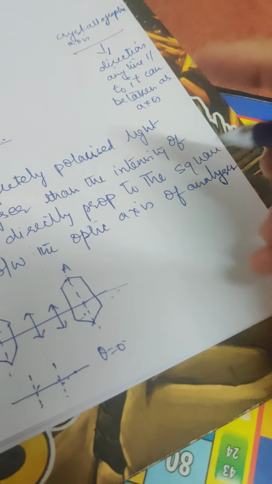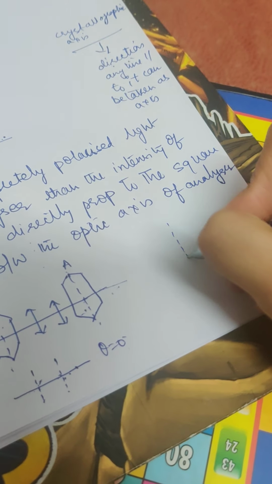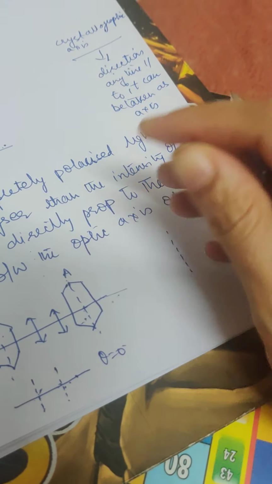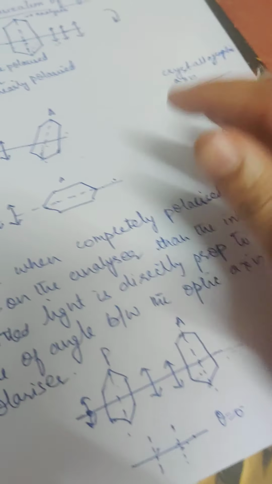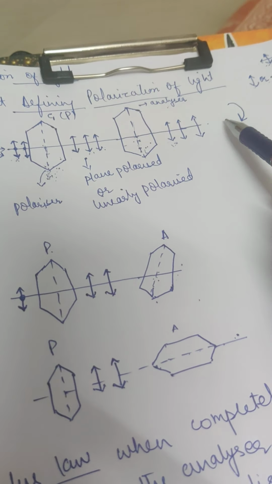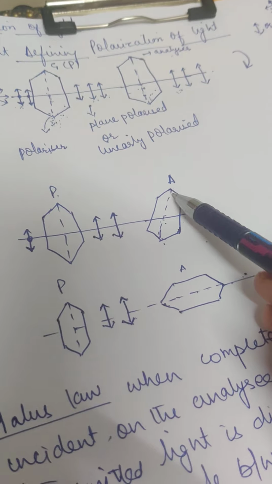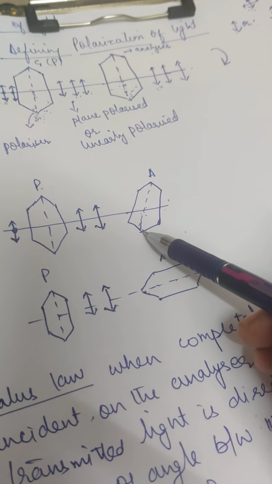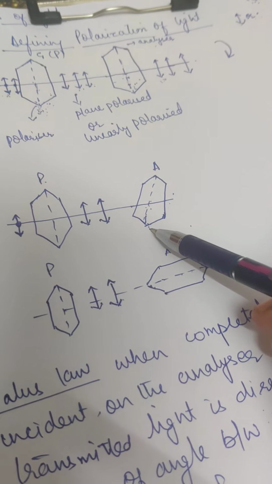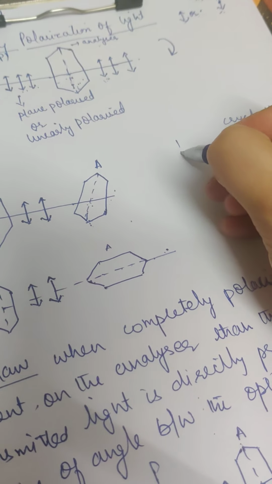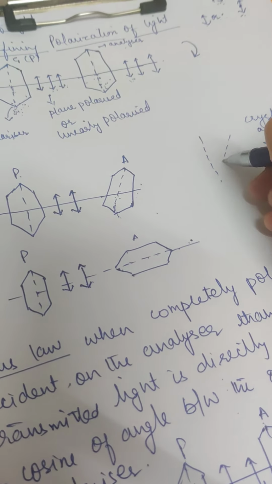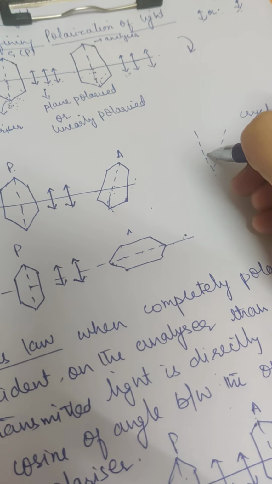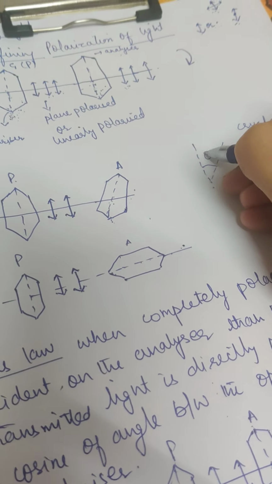See what happens if this is the axis of my polarizer, and now I rotate the analyzer. I already showed you that when we rotate the analyzer, the direction of its optic axis keeps on changing. Here the polarizer axis is in this direction and the analyzer axis is in this direction, and the angle between them is theta.